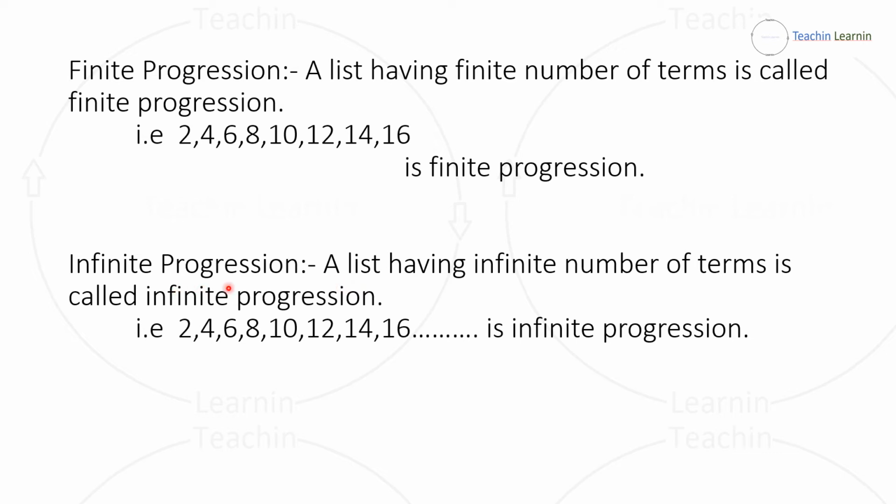So let's understand infinite progression. A list having an infinite number of terms is called infinite. It will never end. This progression will never end, so it has an infinite number of terms. So it is called infinite progression.